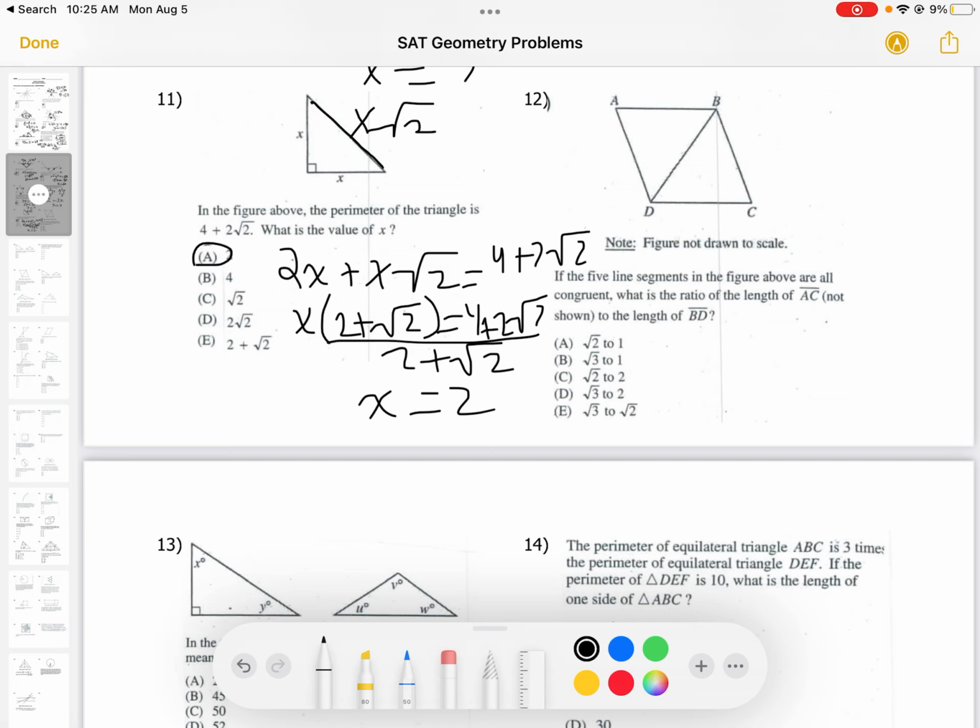Okay. So we're on to number 12. If the 5 line segments in the figure above are all congruent, what's the ratio of the length of AC, not shown, to the length of BD? So AC, right there.